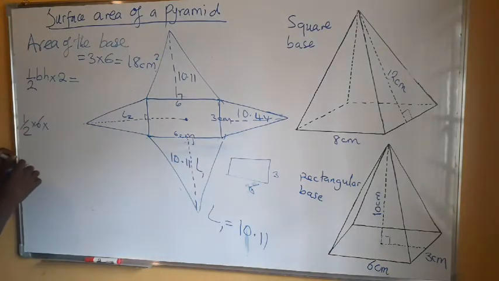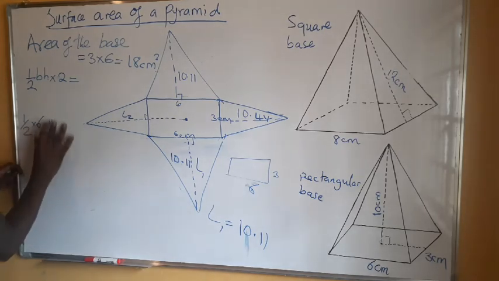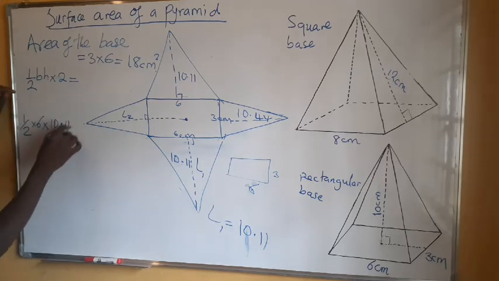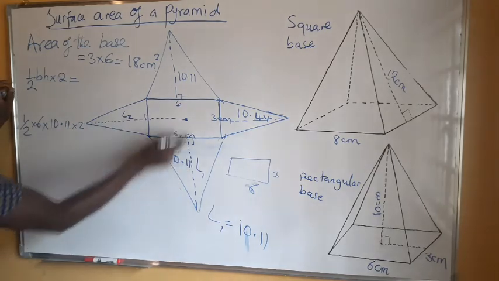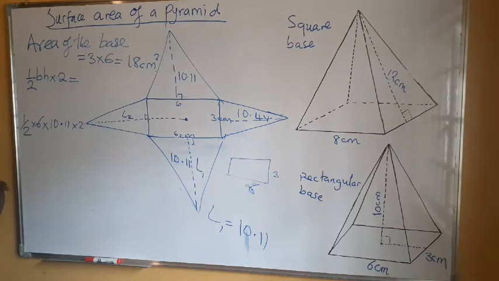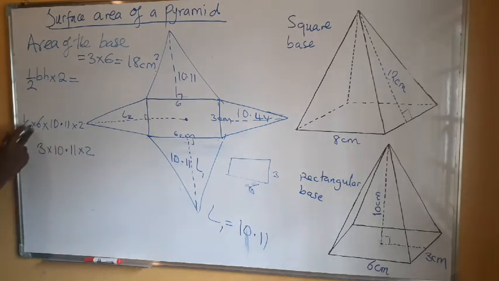6 multiplied by the height there is 10.11 multiplied by 2. Why are we multiplying by this 2? We also want to find the area for this one because these triangles are 2. So I can say 3 multiplied by 10.11 multiplied by 2. This divided into 6, get 3.